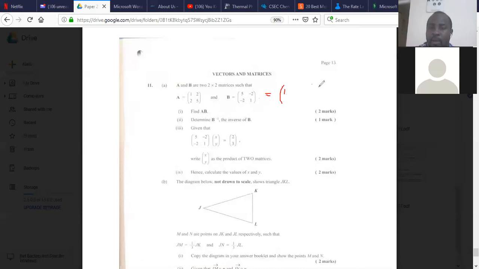Hold on, let me just get that part here. It's 1 times 5, right? Plus the 2 times the negative 2, right? Then I add them. That's it. I get 1 as the answer.